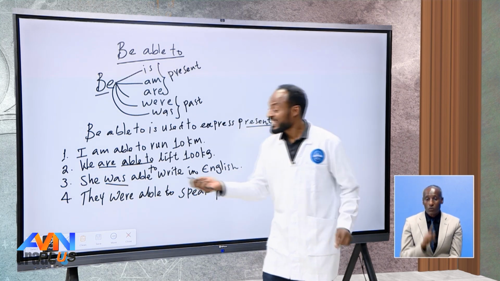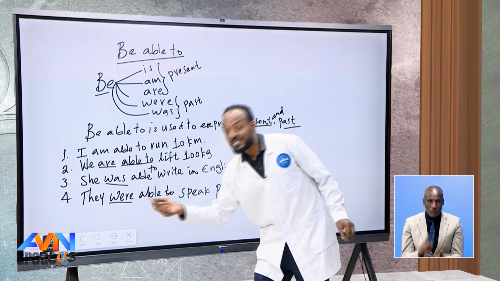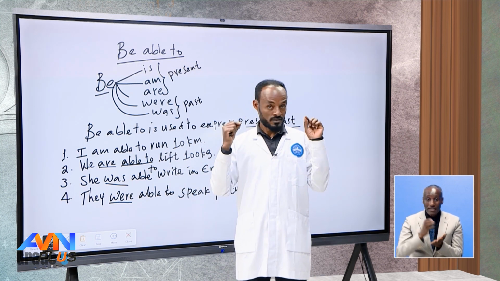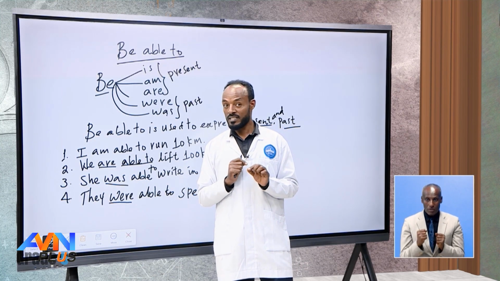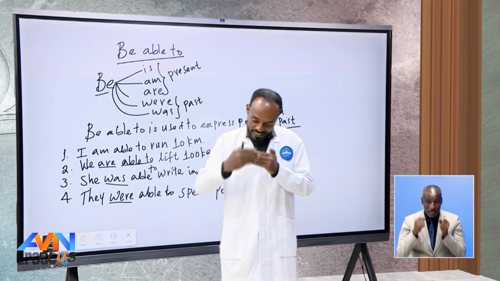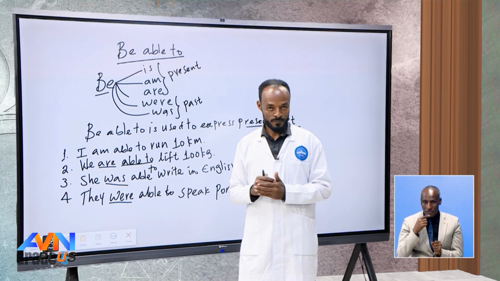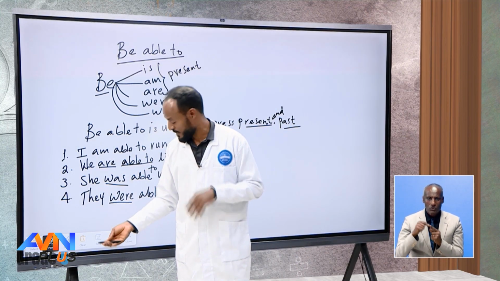When we say this one, we are talking about something that happened in the past. Still we are talking about what? Ability. Is it clear? Ability means be able to do something. Nice students, I hope you are with me.